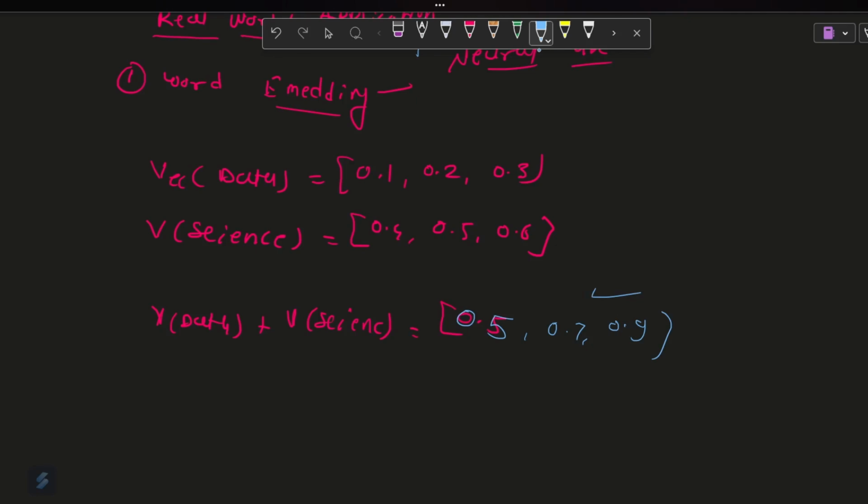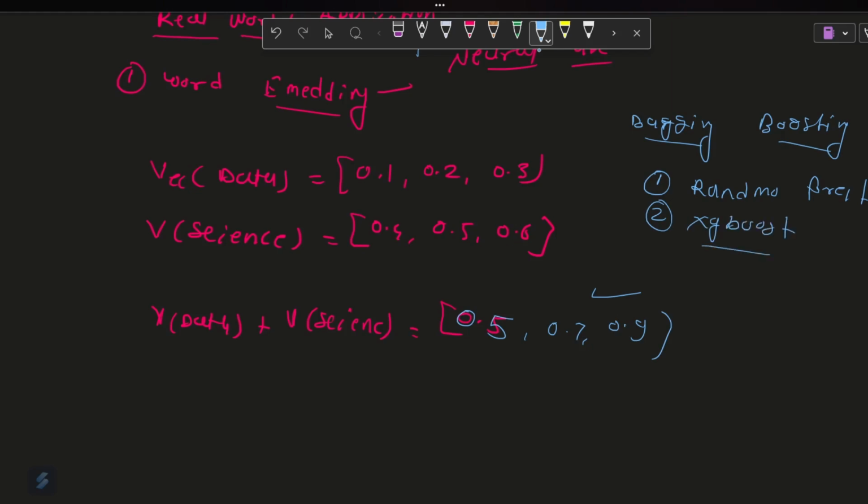Similarly, it is useful in algorithms like bagging and boosting. When you learn concepts like random forest and XGBoost, all these concepts train weak learners.